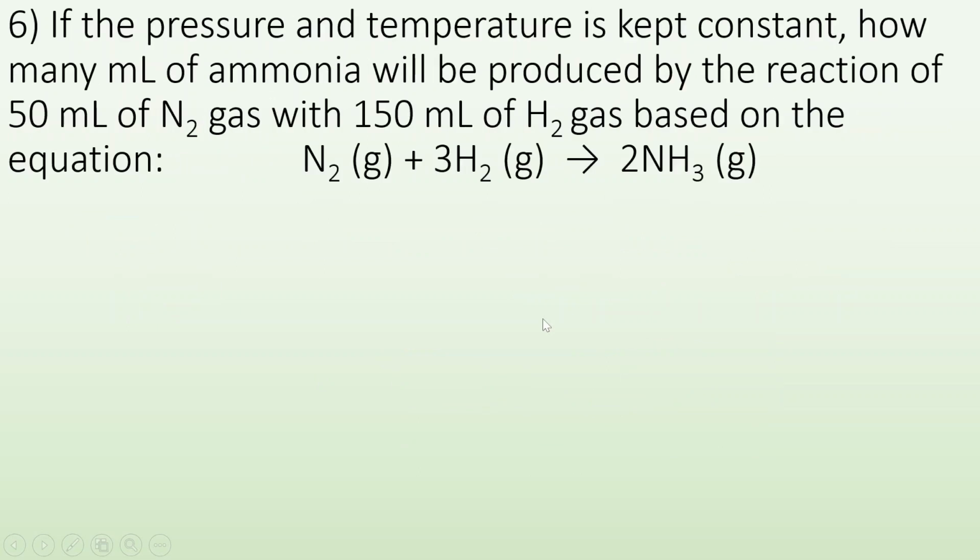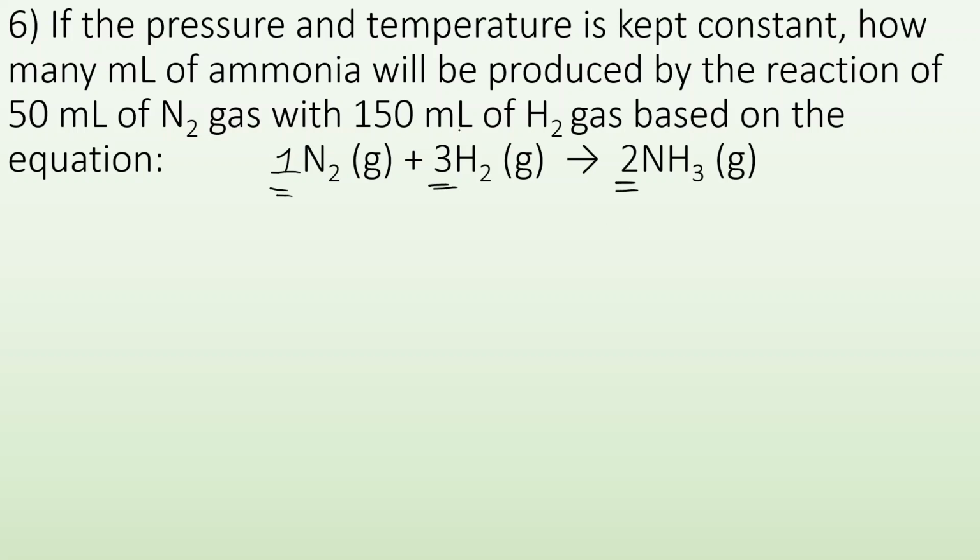Number 6, last one in the set. If the pressure and temperature is kept constant, how many milliliters of ammonia will be produced by the reaction of 50 milliliters of N2 gas with 150 milliliters of H2 gas based on the equation? So we can see from the equation that for every 1 N2, it'll react with 3 H2 to give me 2 NH3.